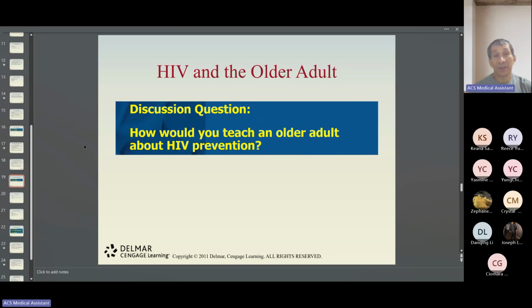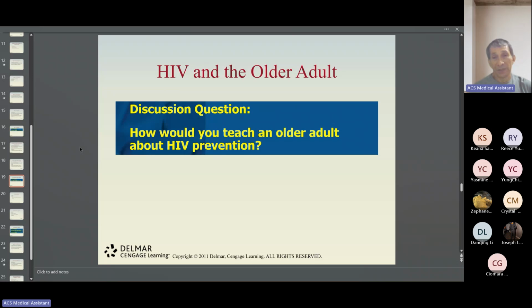Remember that the virus has been there and the patient might be a carrier for a long time since they were young. Now they're still adults or elderly. The virus is not going anywhere. So just protect yourself. Use protection, prophylaxis.